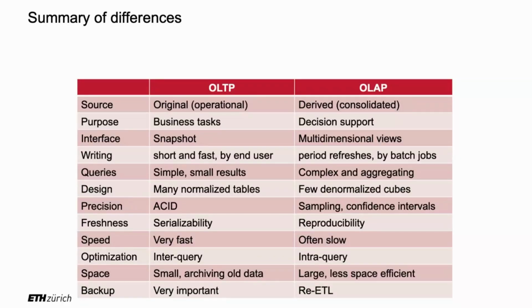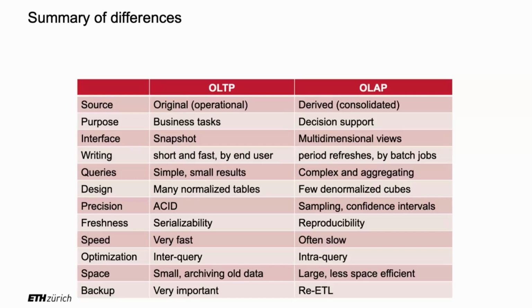This is what I explained about the transactions and Alice and Bob and the fact that they should feel like they are the only ones using the database. In OLAP, you don't care. The data never gets modified. What you care about, however, is reproducibility. If you produce a fancy report for the C-level executives of the company, you want to be able to reproduce it if people ask back about the origin of the data. So this is a different focus, right?